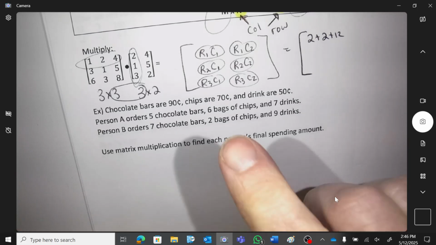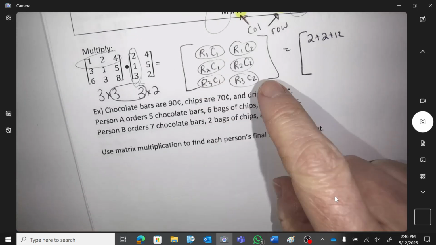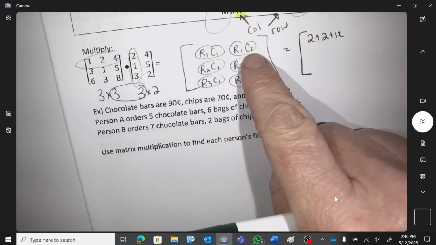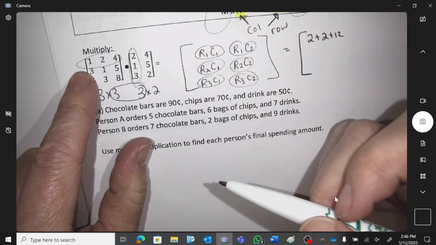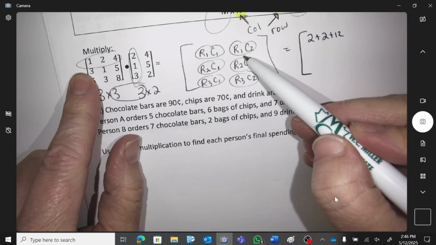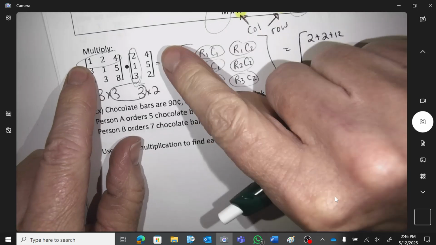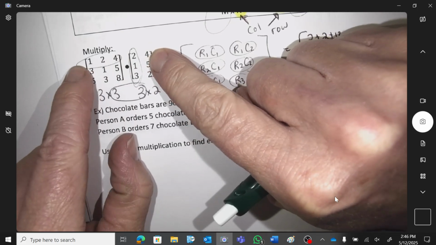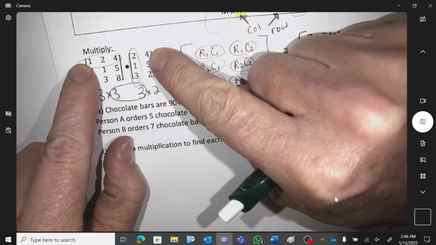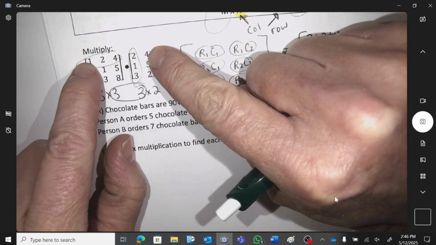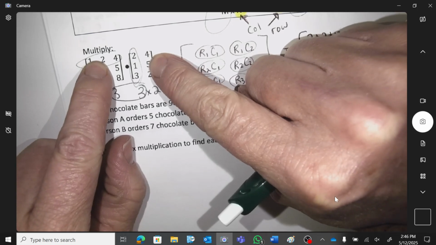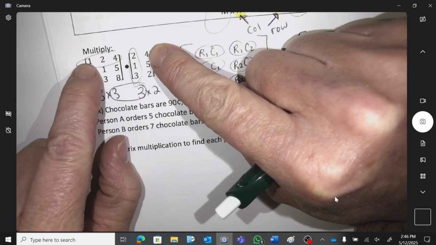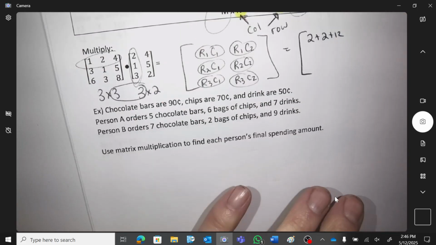Do you want me to go down or over? I think I like going over. What does it look like if you put row 1 and column 2 together? So I'm going to go this with this. You ready? I should get 4 plus 10 plus 8. See what I'm matching? 4, 10, 8.